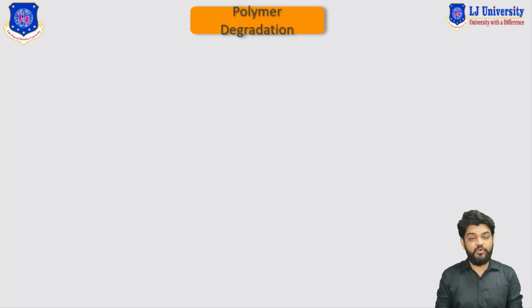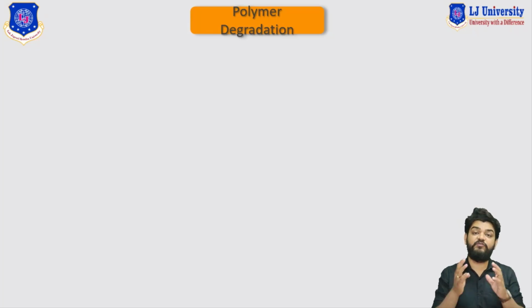In a previous video, we have understood the photodegradation of the polymers, and we have seen how these ultraviolet rays coming out of the sun radiation can affect different polymers. We can observe this photodegradation of the polymer by its physical change.